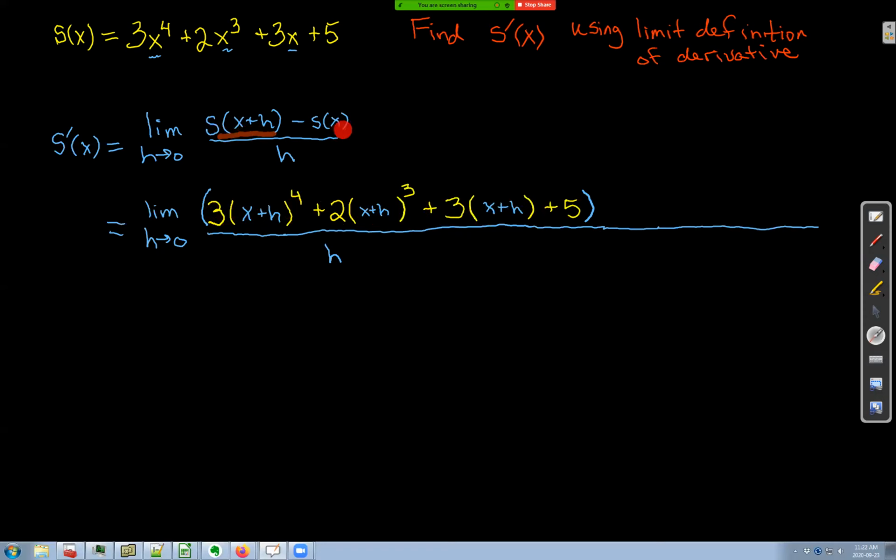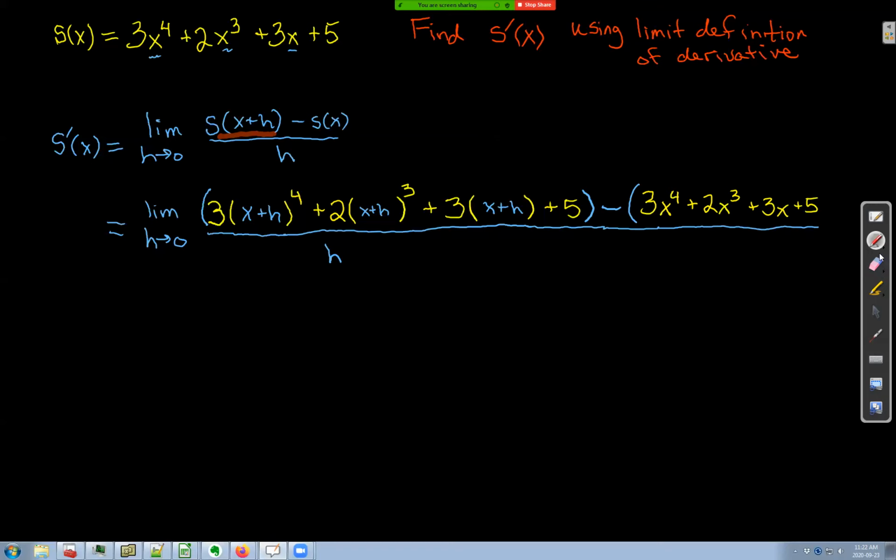But don't forget, now I have to subtract s of x. Happily, s of x isn't such a big deal, because it's right here: 3x to the fourth plus 2x cubed plus 3x plus 5.